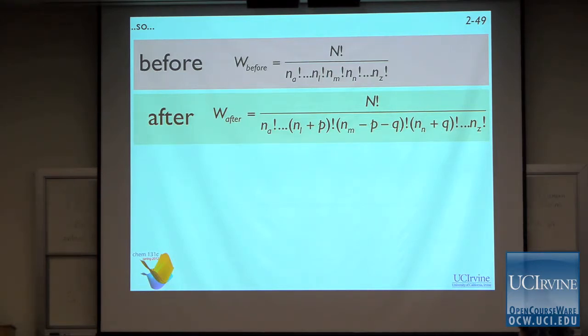It's described by these 3 equations right here. What I'm saying is that we want to consider the case where the before equals the after. We want to find the microstate where after we do this infinitesimal shift, W doesn't change.